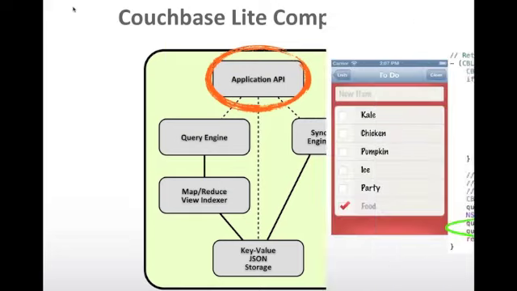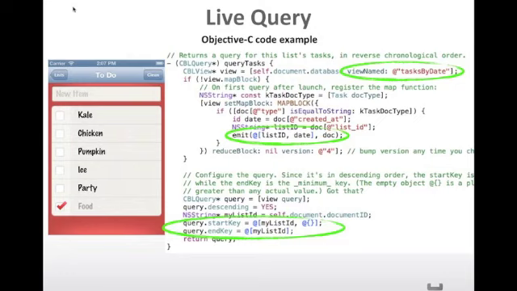And so here's an iOS example. This is some Objective-C code, and I'm not going to go through every single line here, but I've circled a few lines. So the gist of this code is that it generates the query object, which populates that view that's on the screen there.